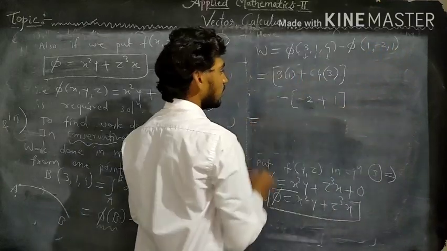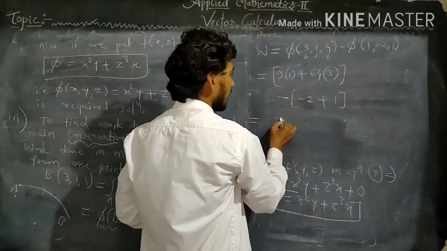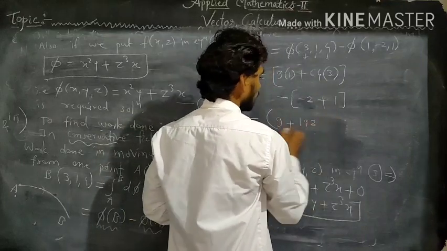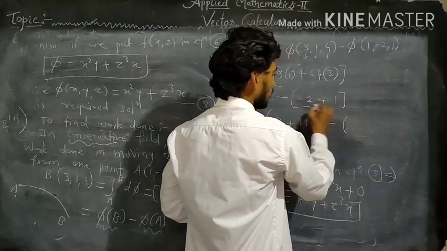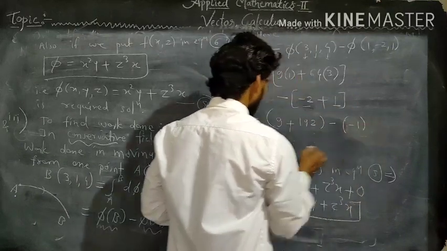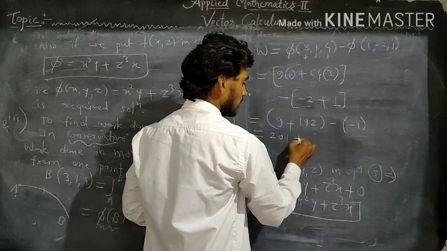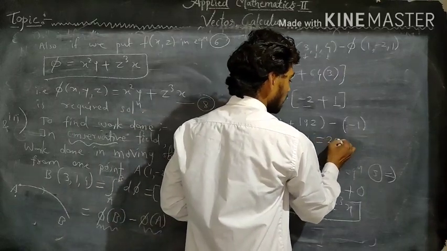So after calculation we will get 9 plus 192 minus 2 plus 1, that is minus 1. So we will get 201 plus 1 equal to 202.